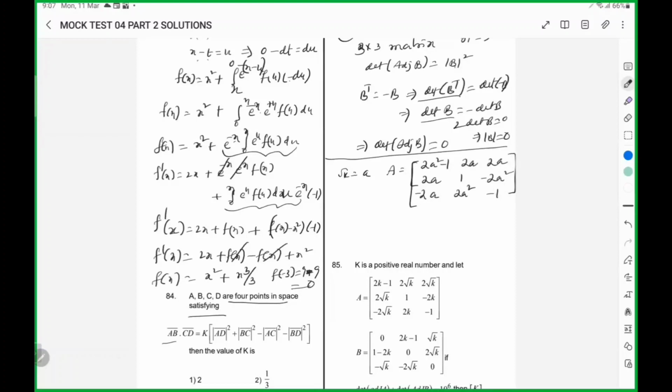This is what A is for us. Splitting this into 2A square, 2A, 2A. One zero zero.